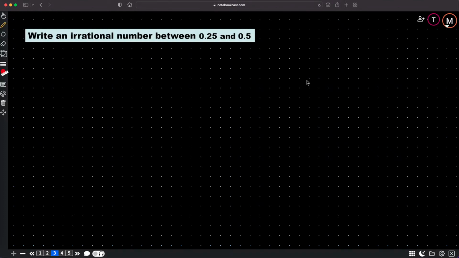Okie doke. So this is a little bit of a jump from the previous question. In the previous questions we were kind of asking, well, do you understand what irrational numbers are? In this one we're saying, well, can you identify some irrational numbers as kind of signposts? So can you find a lower limit and an upper limit?